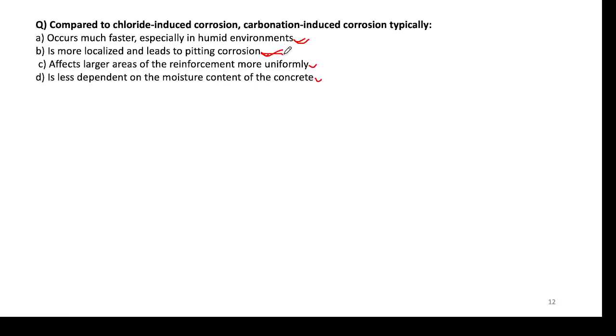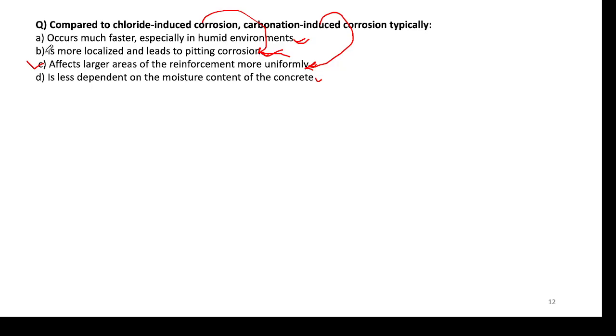Basically not, because we know that chloride-induced corrosion leads to localized pitting corrosion, and carbonation-induced corrosion is not localized. It is uniform, and it happens on the larger area of reinforced concrete, which is typically uniform in nature. Hence option C is correct.